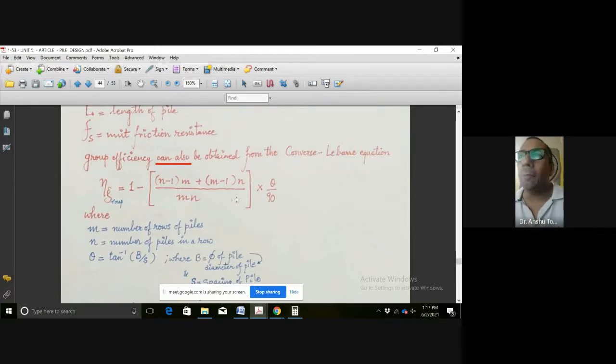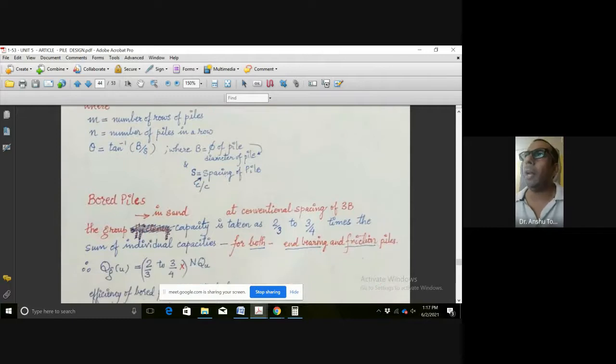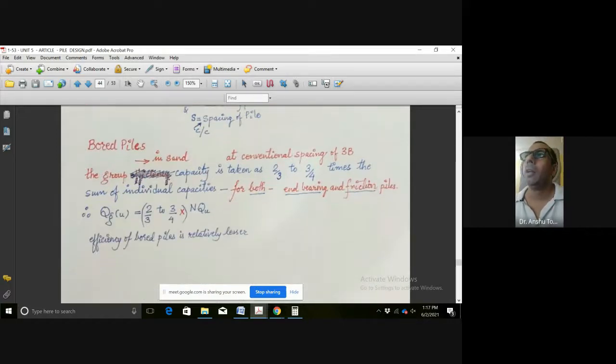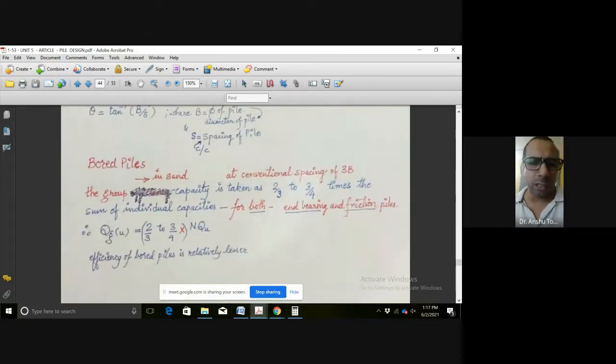So n will become 3 and m will become again 3. You have got 3 rows and 3 piles in each row. So using this, putting the value of finding out the theta, where S is spacing of the pile, B is the diameter of the individual pile. In case of bored piles, the efficiency is reduced.